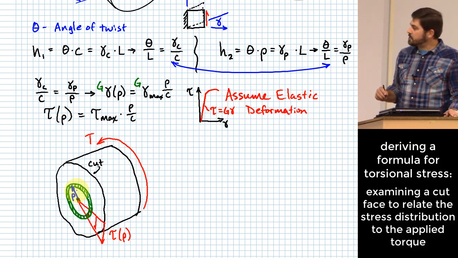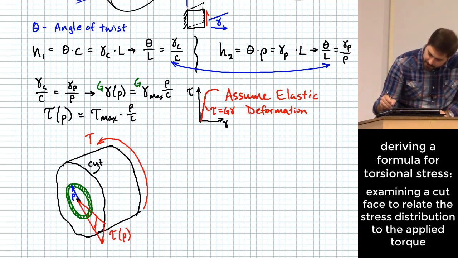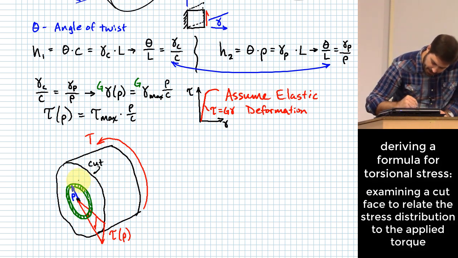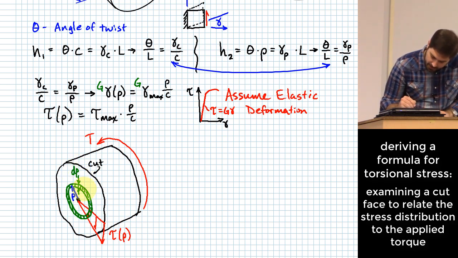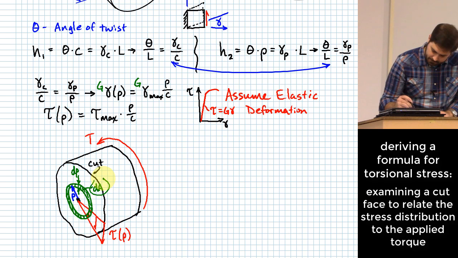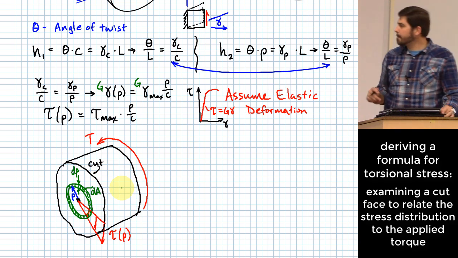And if I take that stress and multiply by the amount of area that I have there, which, by the way, the reason it's a differential amount of area is that it's infinitesimally thin. So we could call that like d rho. But the point is, this ends up being what I would call dA. Okay?